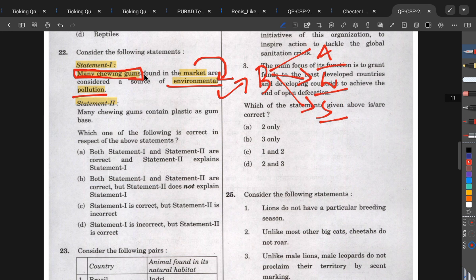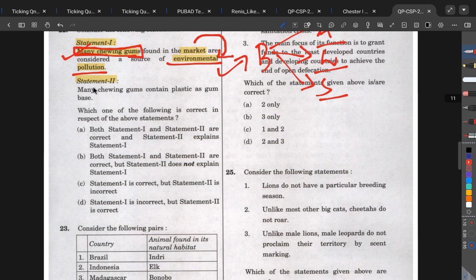We do not know, but it can be considered a source of environmental pollution, because the term itself is broad, and chewing gums have that kind of characteristics. So there is a possibility, and we are leaving the statement for now.